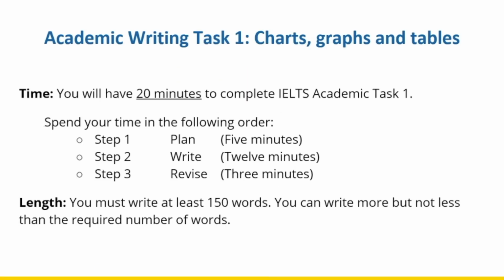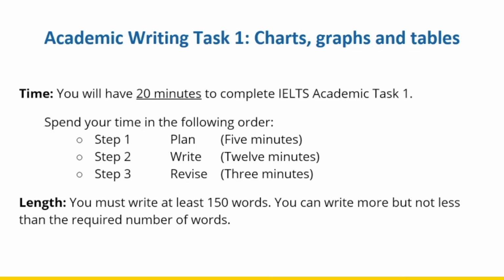In academic writing task 1, we'll be learning about different graphics such as charts, graphs, and tables. You'll be given only 20 minutes to complete IELTS academic task 1. And because your time is very limited, I suggest you spend your time in the following order. In step 1, you should plan your essay for 5 minutes. In step 2, write your essay for 12 minutes.